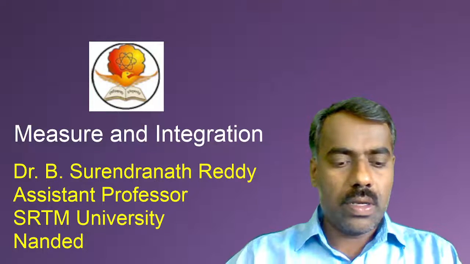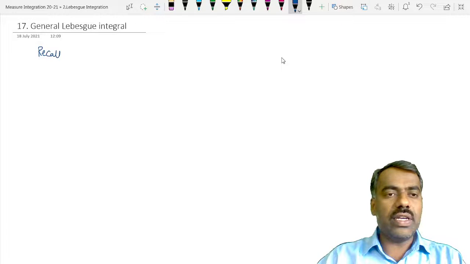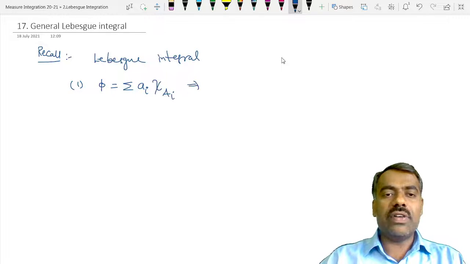Okay. So far, if you recall quickly, we have defined the Lebesgue integral first for a simple function. If phi is a simple function, written as summation a_i chi of A_i, then what is the integration of phi over E?